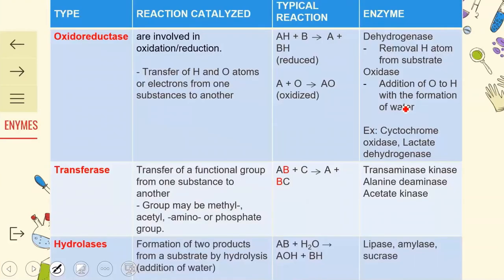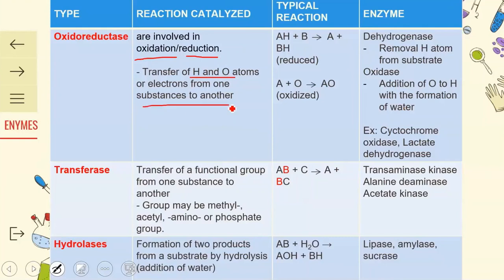The first class is oxidoreductase. In this class, there are 2 types of reactions involved, oxidation and reduction processes: transfer of hydrogen and oxygen atoms or electrons from one substance to another.